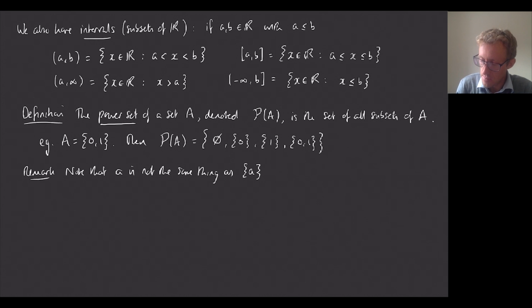This is an element. This is a set containing a single element. And so even if the element is itself a set, if a was the empty set, then it would not contain any elements, whereas {a}, in that case, is a set that contains 1 element. That element is the empty set, but they're definitely not the same thing. Okay, so that's the power set.